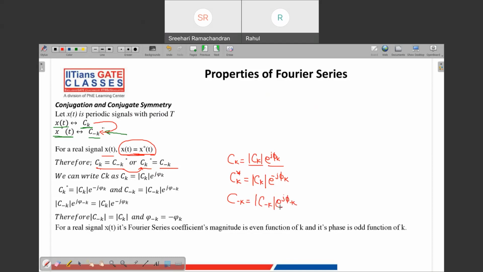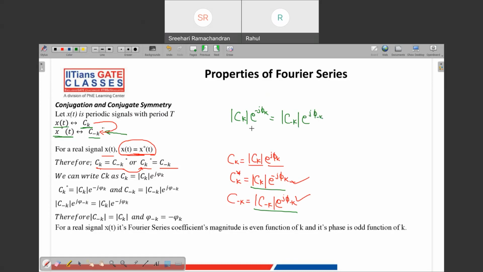Now for the real signal, c of k conjugate and c of minus k are both the same. So it means that this term and this term will be equal. Which means that the magnitude of c of k times e to the power minus j phi k is the same as the magnitude of c of minus k times e to the power j phi of minus k.